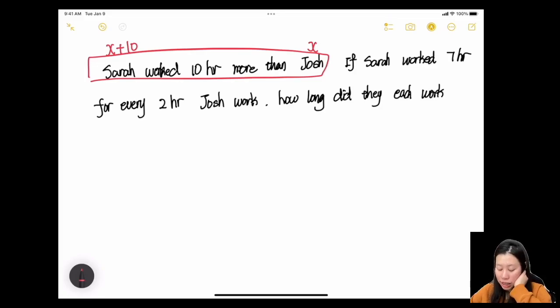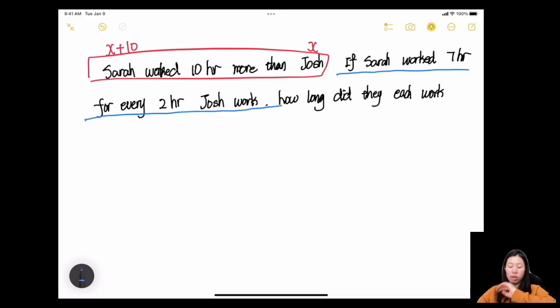So the second sentence is, ideally, Sarah works 7 hours for every 2 hours that Josh worked. So that means we use the ideal situation, or the proportion, equals the realistic situation, right?